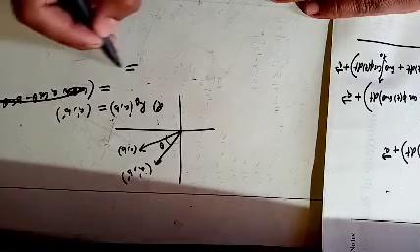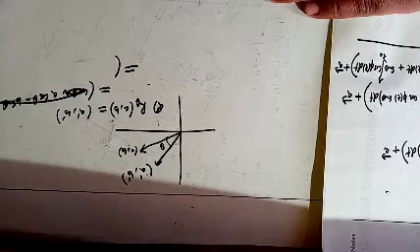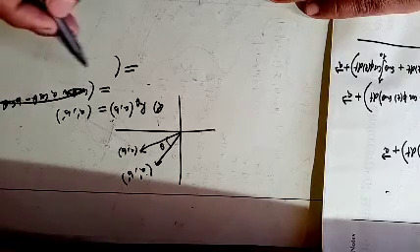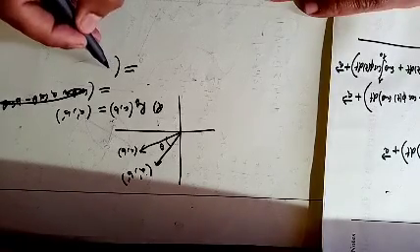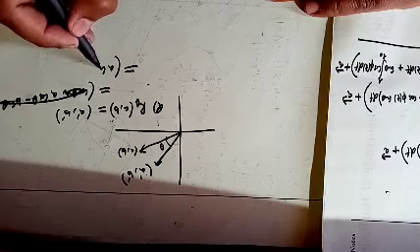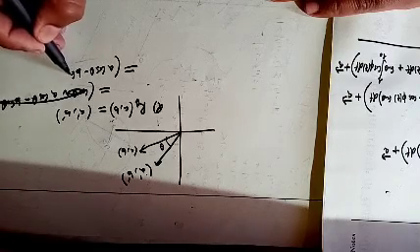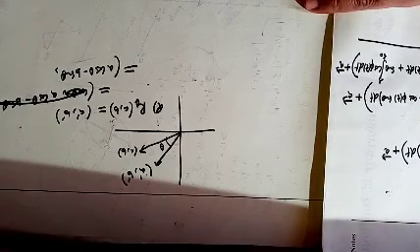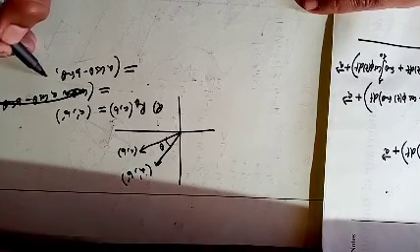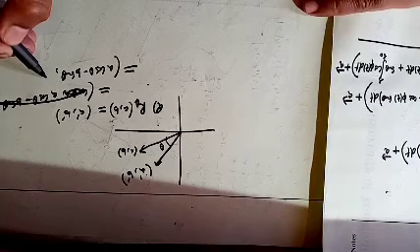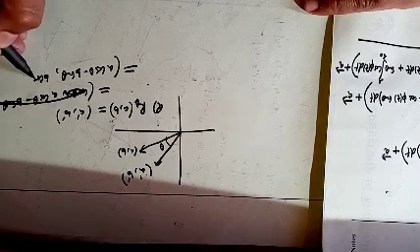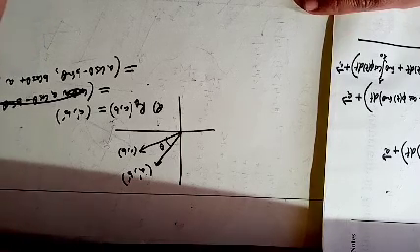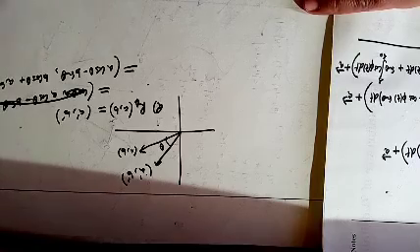Let me write it properly. This rotation of AB by the angle theta in R2 would be A cos theta minus B sine theta, and the other one would be B cos theta plus A sine theta. So this is the formula for rotation.